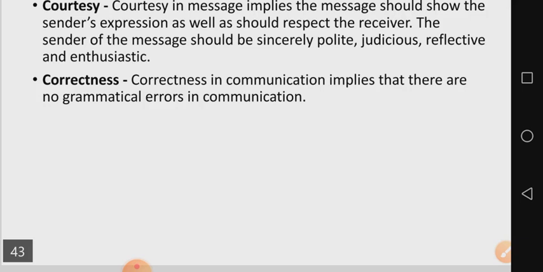There are no grammatical errors, obviously there should be no spelling mistakes, and there should not be ambiguous words. You should choose good words and have a good vocabulary to communicate your message. Okay, so these were the 7 C's of communication.